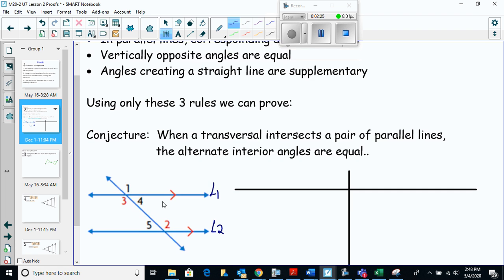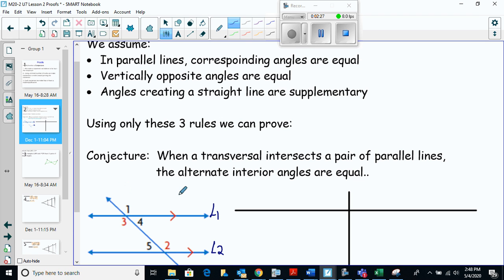And the corresponding angles, angle 1 and angle 3, are equal to each other. And therefore, angle 3 and angle 2 are equal to each other as vertically opposite angles or supplementary angles, and angle 5 is equal to angle 4.